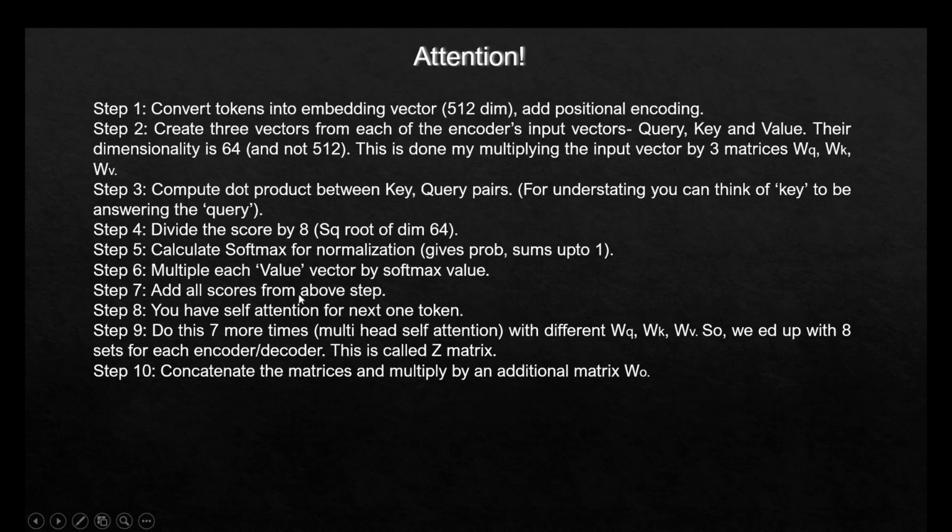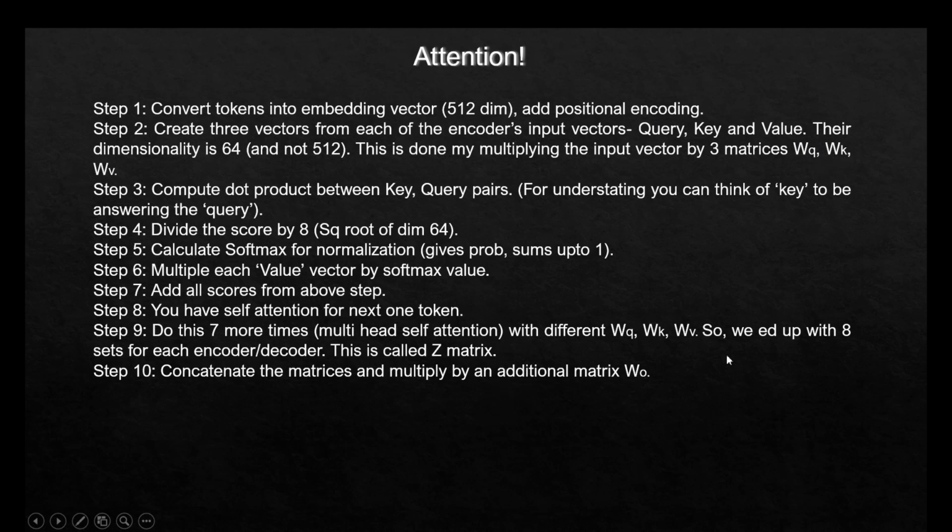Then you compute all the scores from the above step. You do this 7 more times, because in the paper they talk about not just 1 but 8 attention heads. For the first attention head you'll have 1 set of these matrices; in the second attention head you'll have different weight matrices for query, key, and value.